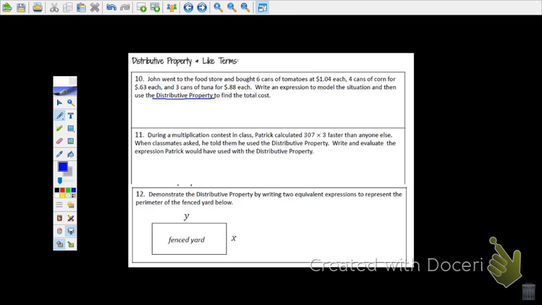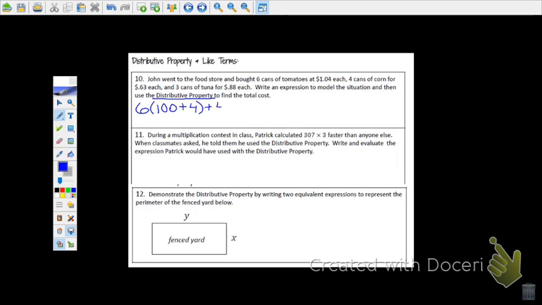So instead of taking 6 times $1.04, I need to change that so I can make it distribution. So I can split up that $1.04 into 100 plus 4. Okay, so we're using cents. I don't want to worry about decimals, so I'm going to use cents instead of dollars.